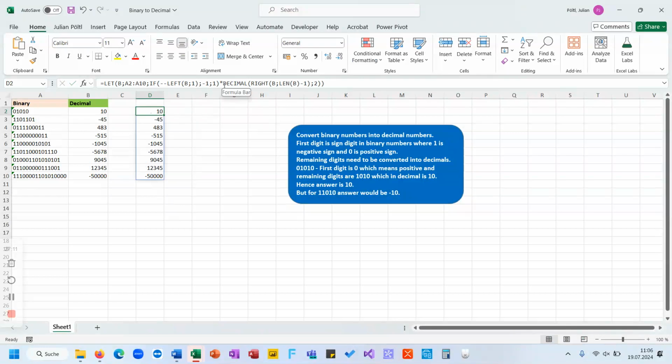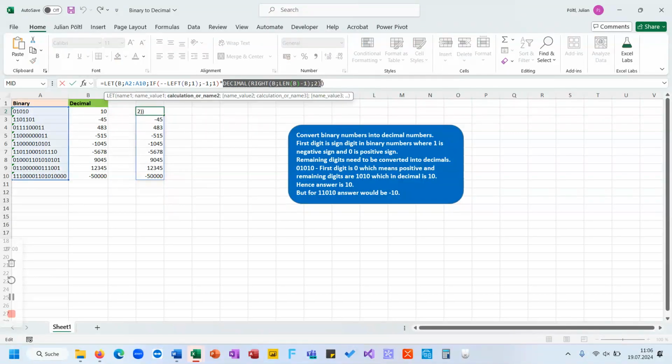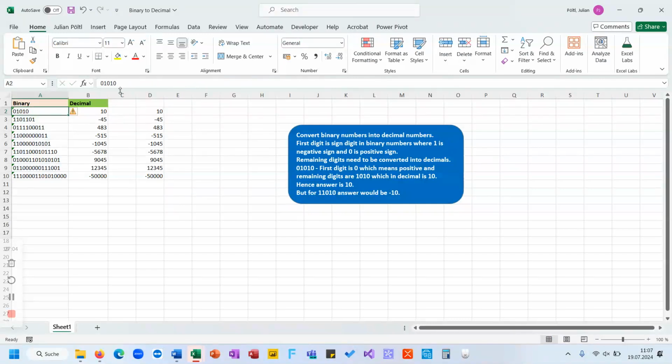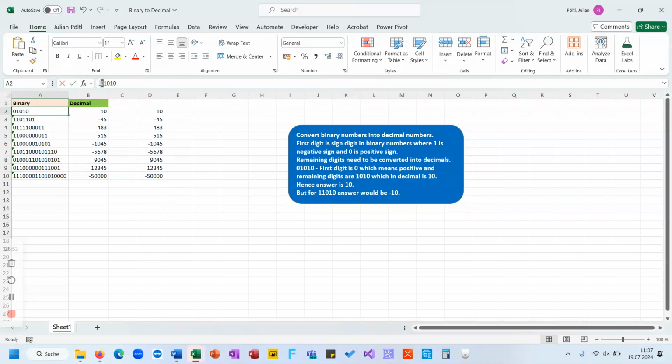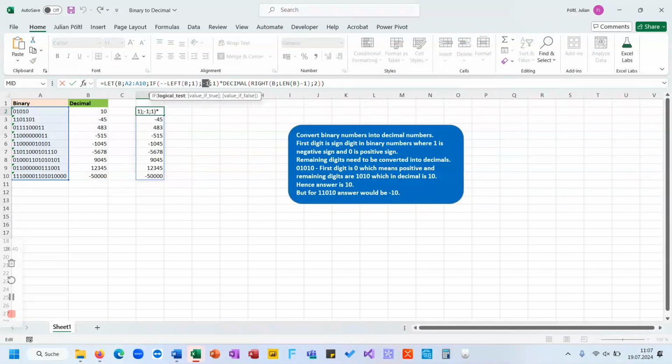So this one will convert binary into decimal from the second character on, so here, and then this IF function selects the first character everywhere, and with the minus makes it a number, and if this number is 1, then the number is negative.